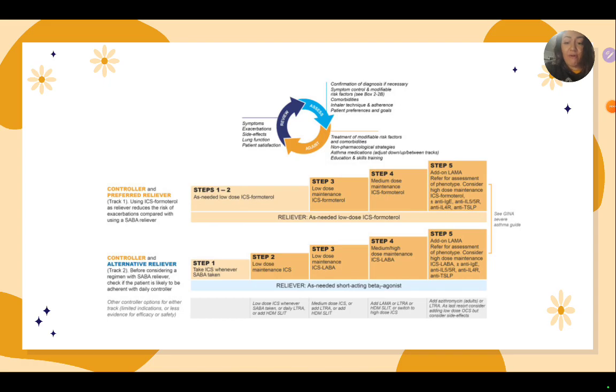Instead now, they recommend the use of an as-needed low-dose inhaled corticosteroid-formoterol combination in all adolescents and adults with mild asthma, so they've moved to this new 5-step approach for asthma treatment. These are the newest guidelines from the 2022 Global Initiative for Asthma, GINA, update.